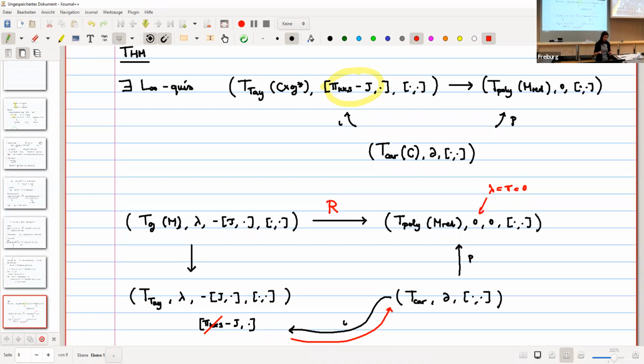What you can check is that if you now re-look at this diagram and you try to recover the Marsden-Weinstein reduction via this R, you can. This is actually coherent with the classical reduction theory. I think I'll stop here. Thanks a lot.